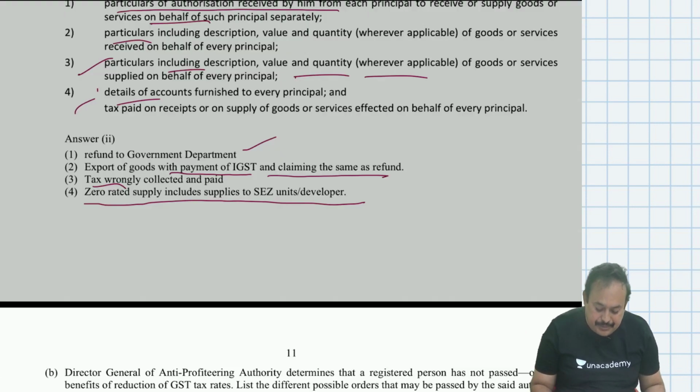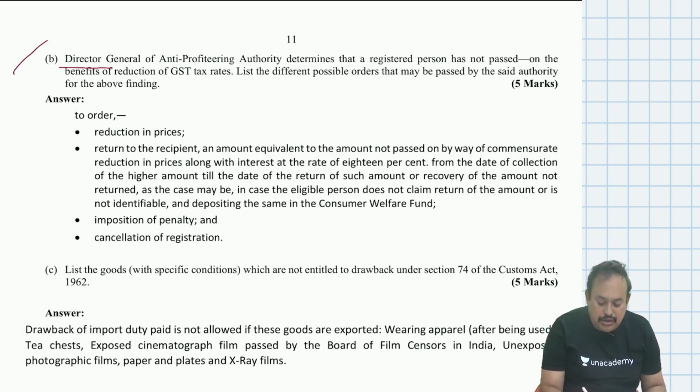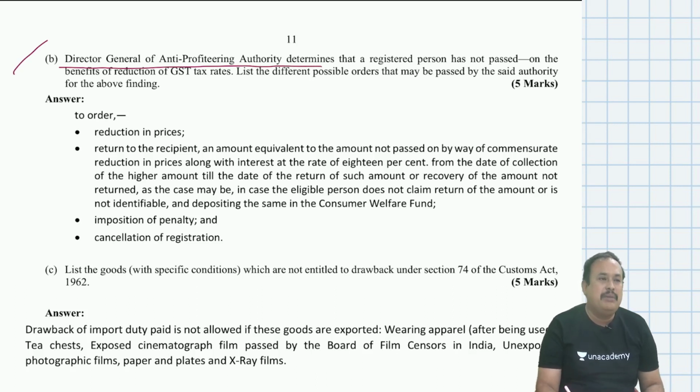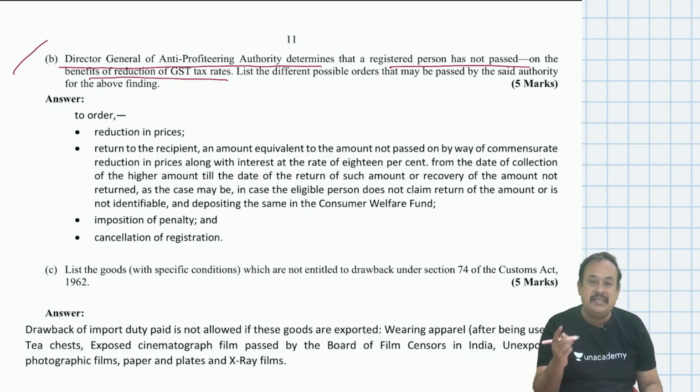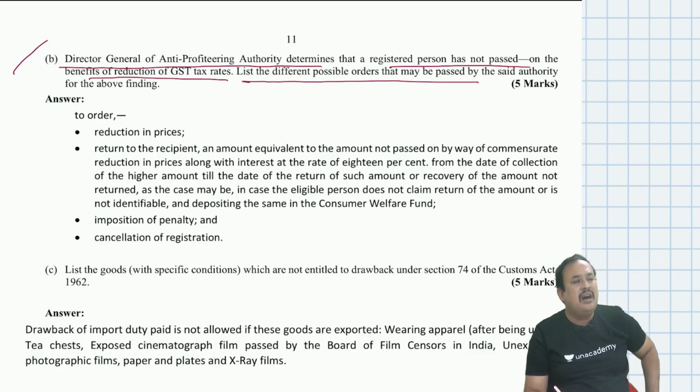Further, my dear friends, in that question number 6, point number B, Director General of Anti-Profiteering Authority determining that a registered person has not passed on the benefit of reduction of the GST tax rates, means profiteered, list the different possible orders that may be passed by the said officer or authority for the above findings.